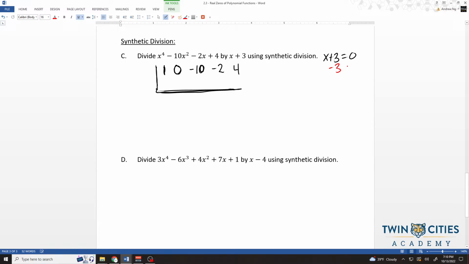Subtract 3, x equals negative 3. This negative 3 is what's going to go on the outside. And the last thing I do to set this up is I always bring down that first number. So I'm going to bring down this 1.